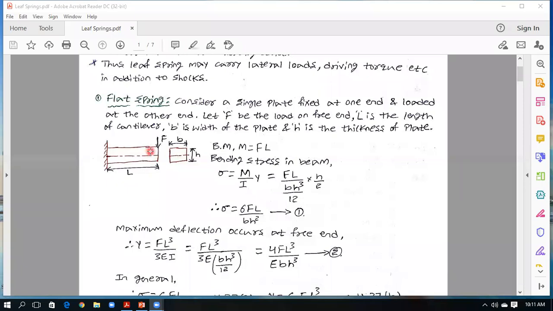For example, if I take this cantilever, which is fixed at one end. Now, as you apply the load, as load F acts on the structure, the member will deflect.